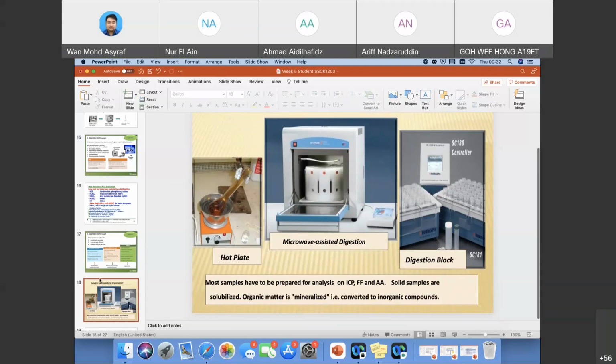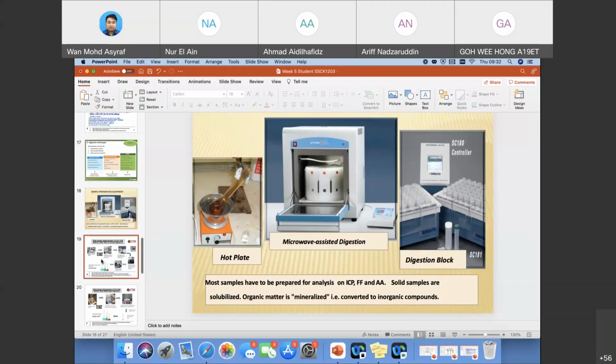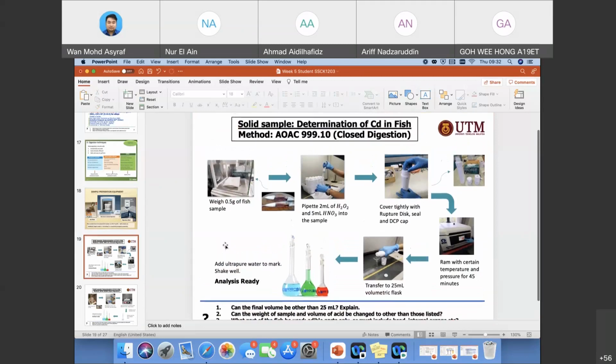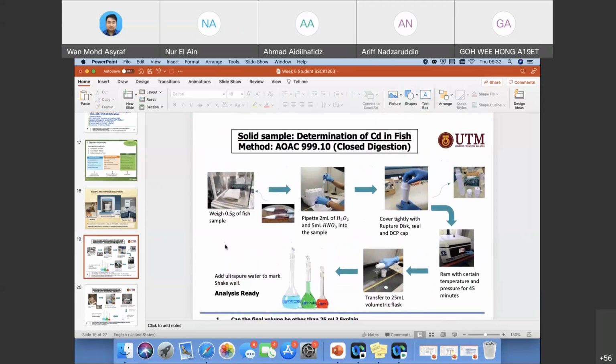Okay, so now we are going to look at a method which is a standard method. A standard method means that the method has been proved to be useful and proved to be reproducible, for the determination of cadmium in fish.